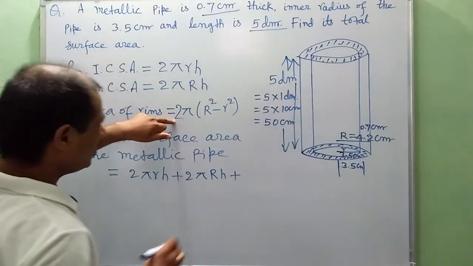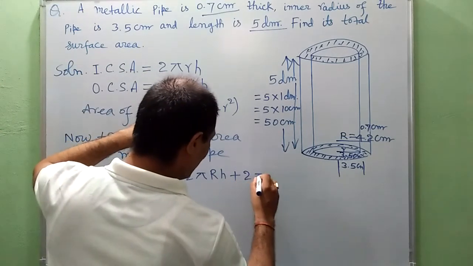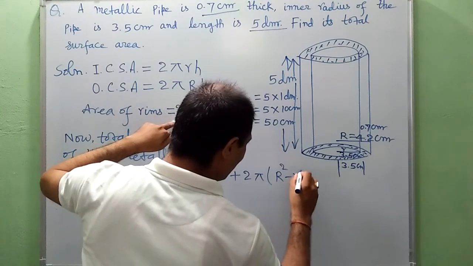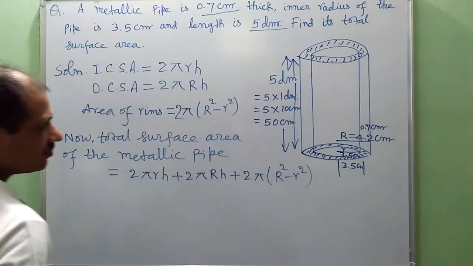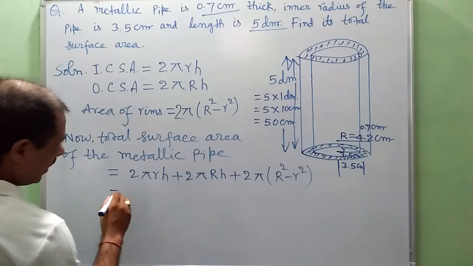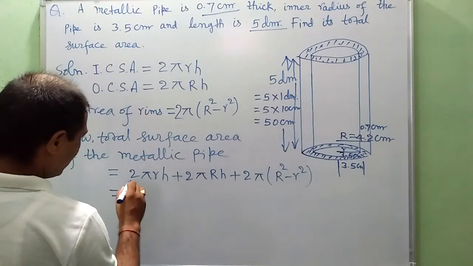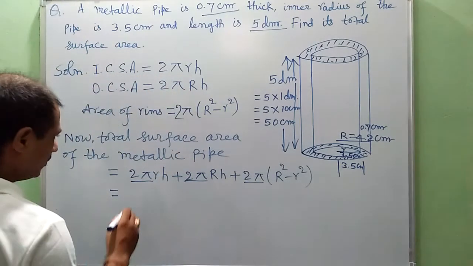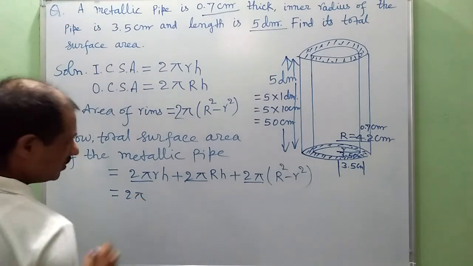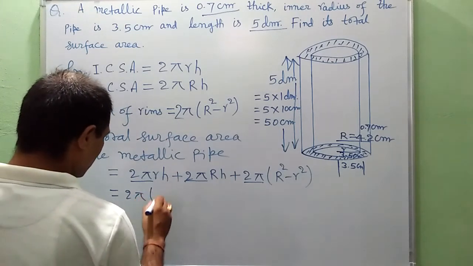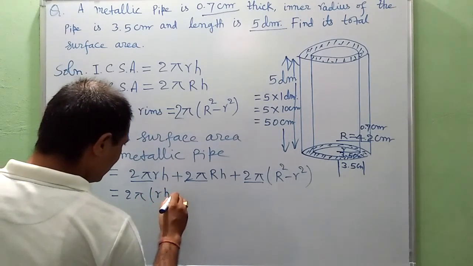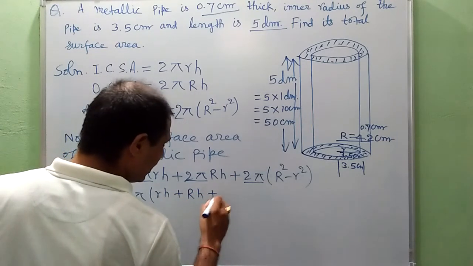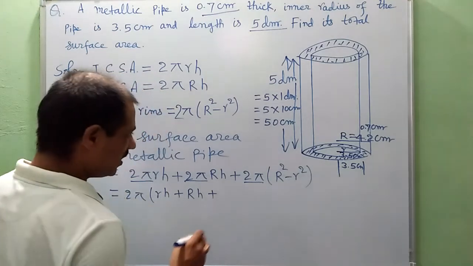We can calculate it like this: 2 pi into R square minus r square. Here 2 pi is common. Here left part will be r h, here capital R h, and here R square minus r square.